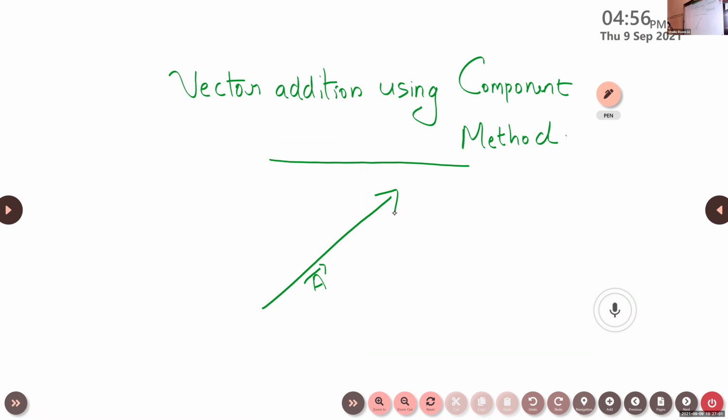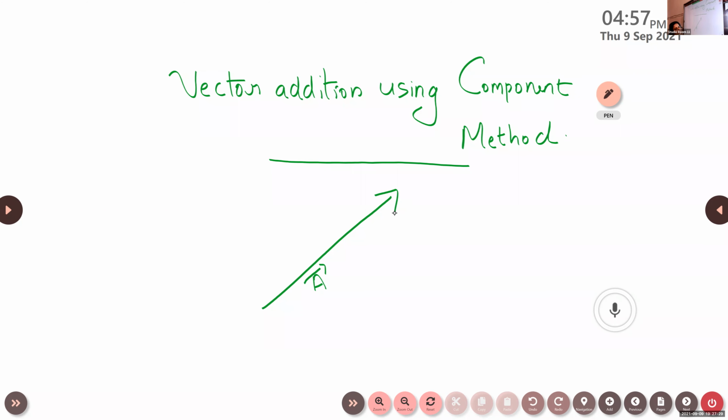So here we are going to split this vector A into two vectors. We consider vector A with the magnitude A, which is inclined at an angle theta. Then by the resolution of vectors, we get the corresponding component vectors.